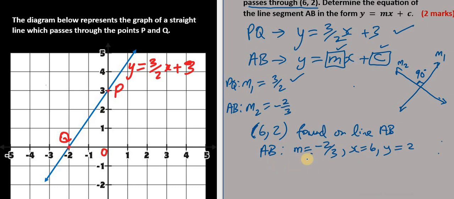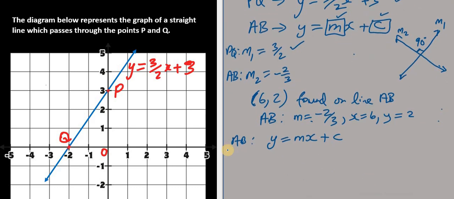We're going to use this information now and substitute it into the equation y = mx + c. But remember, this one is for line AB that we're dealing with here. This is the general form. So for the specific line AB now, we put that information in: y being 2, m being -2/3, and x being 6.